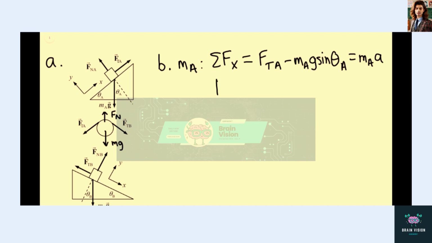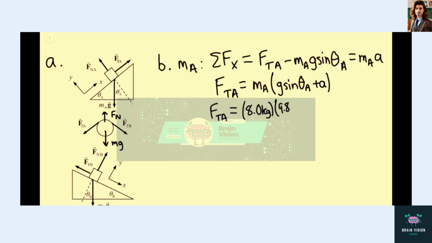So therefore, force tension sub A would be equal to m sub A multiplied by g sine of theta sub A plus a. At this point, we can solve. So the force tension sub A would be equal to 8.0 kilograms multiplied by 9.80 meters per second squared times sine of 32 degrees plus 1.0 meters per second squared.